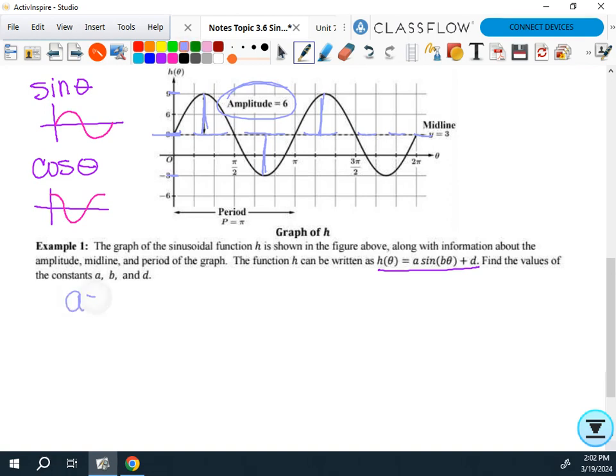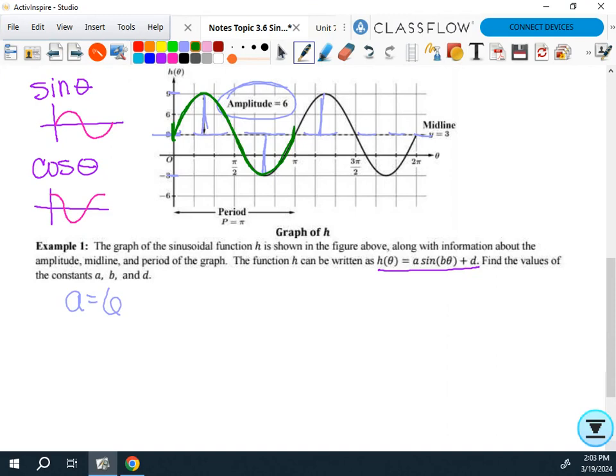So I can write down my amplitude is 6. So A equals 6. The next thing I can find is the period, and I can find it a couple of different ways. I can start here and look at this as sine, and I go from 0 to pi, which makes the period pi. Would you agree with that?